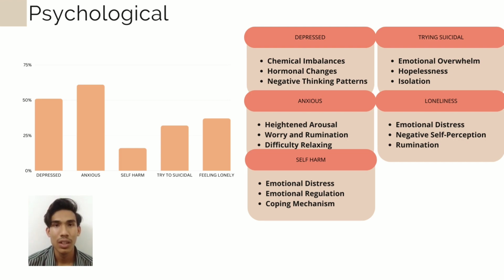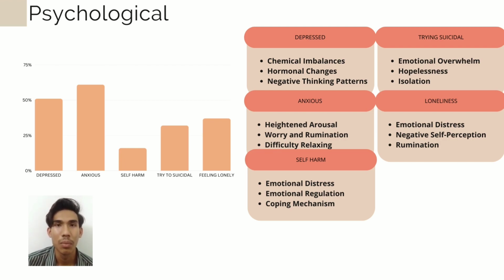And then emotional regulation. For some, self-harm provides a temporary sense of relief or distraction from emotional distress. The physical pain caused by self-harm can briefly overshadow emotional pain, offering a sense of control or emotional regulation.